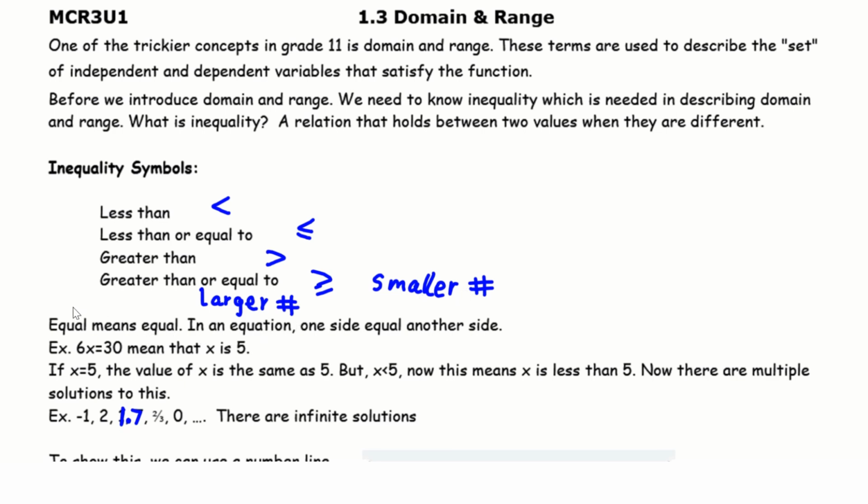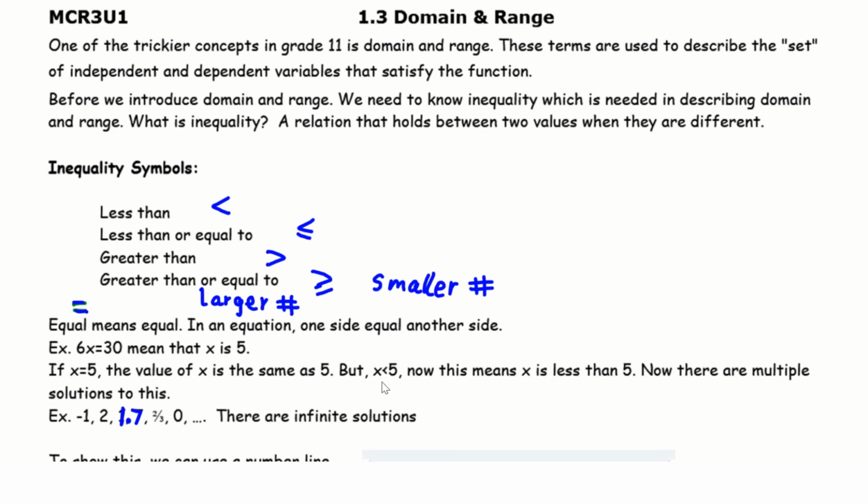Before, when we have an equation, we have the equal sign. Equal sign means the left side is the same as the right side. When we solve the equation 6x equals 30, we have x equals 5, and x is exactly the same as 5.